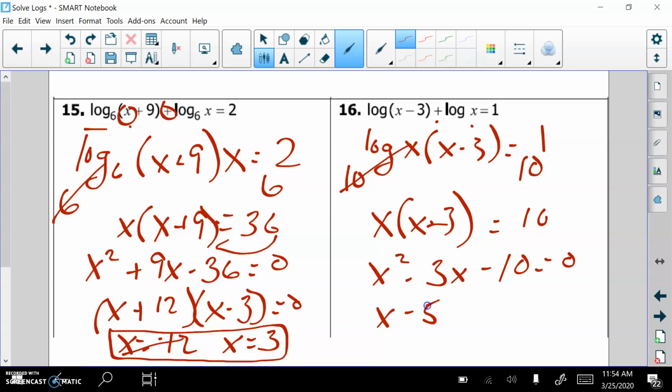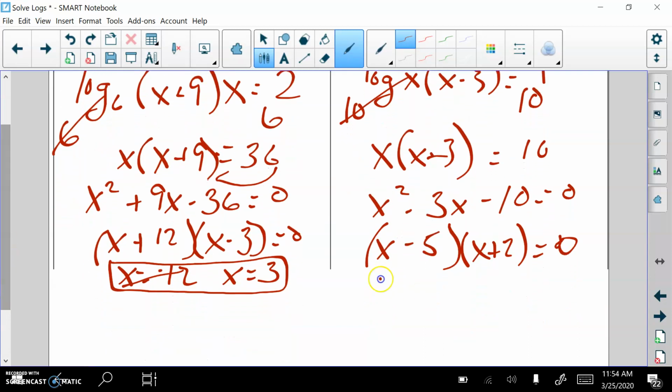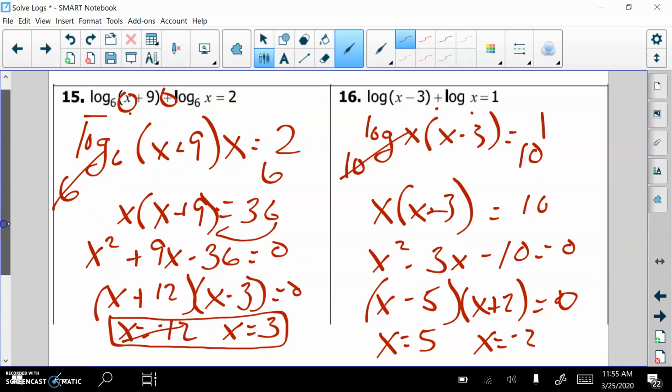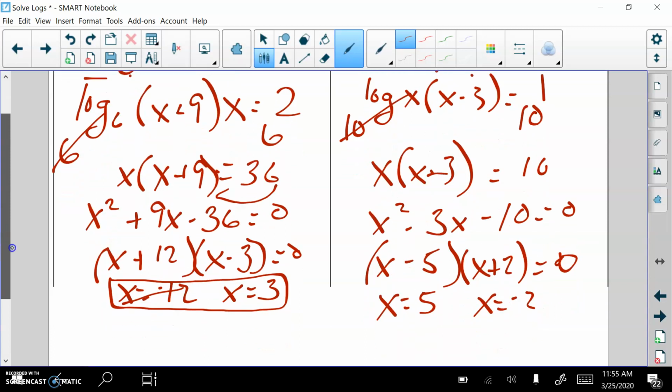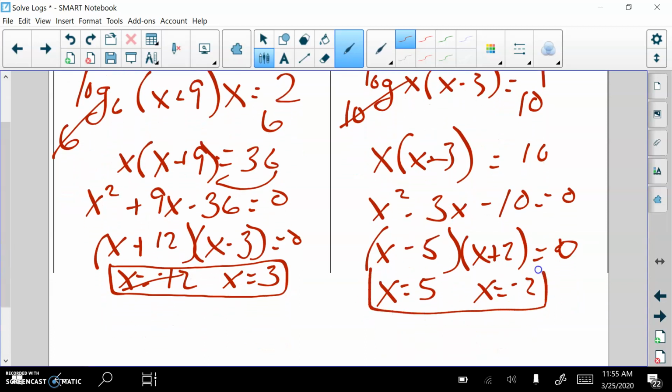X minus 5, x plus 2. Negative 5 doesn't work. I just glanced up at the top and could see that my negative 5 wouldn't work. Or I'm sorry, that negative 2 wouldn't work. X equals 5, that's a good one. X equals negative 2 is bad because it kills logarithms.